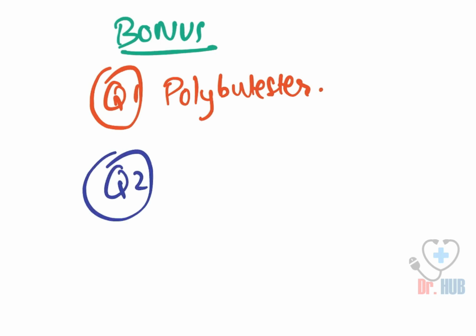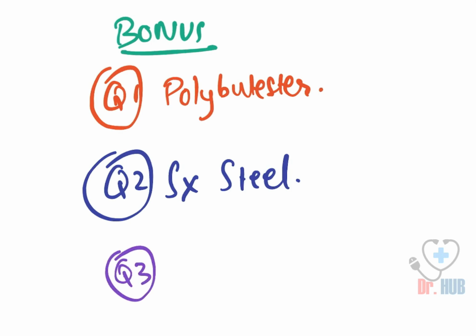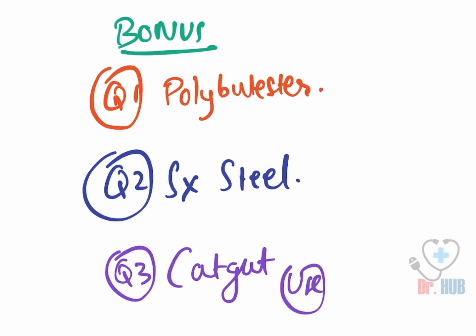Question 2, where is the surgical steel used? The third question, this is very important, the catgut. What type of suture material it is and what type of filament it is, whether monofilament or multifilament, as well as the use of all these suture materials.